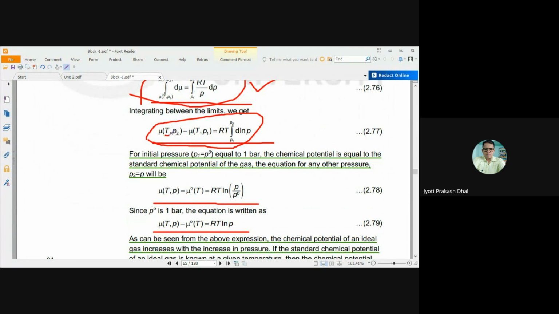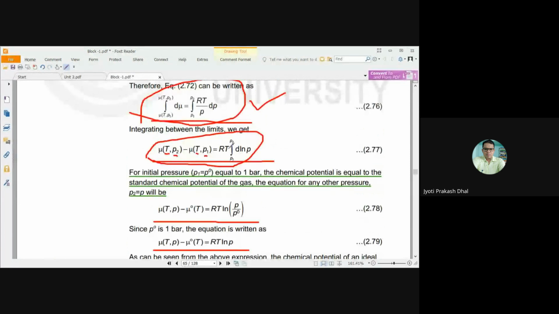Temperature remains constant, but there will be a change in pressure from P1 to P2. RT is constant, so those terms are taken out of the integral.